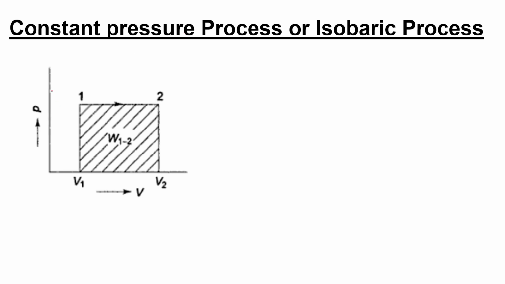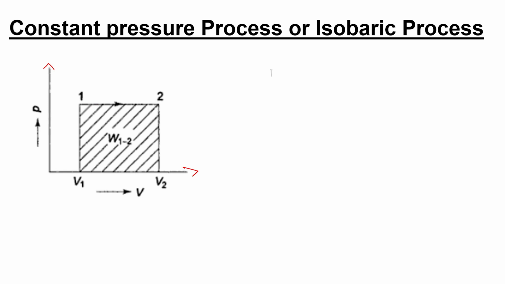So the isobaric process can be shown in a PV diagram, from state 1 to 2. Initially the state of the system is 1. Now it undergoes a process and reaches 2. Okay. So what is the work done in this process? Work done can be calculated.